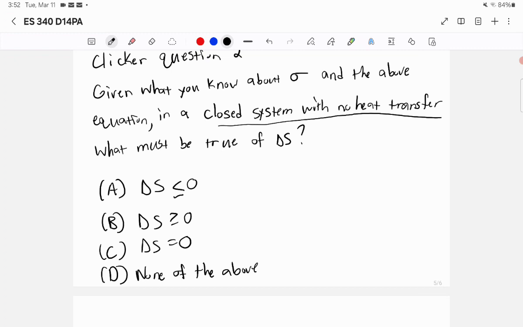Think about what kind of system that is, by the way, if there's no heat transfer and it's a closed system. What must be true of the change in entropy? That it's less than or equal to 0, greater than or equal to 0, equal to 0, or none of the above.